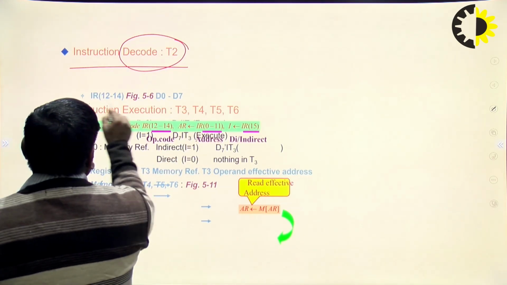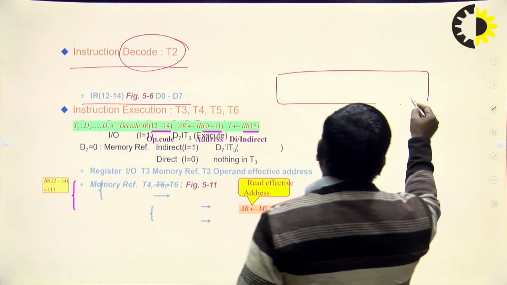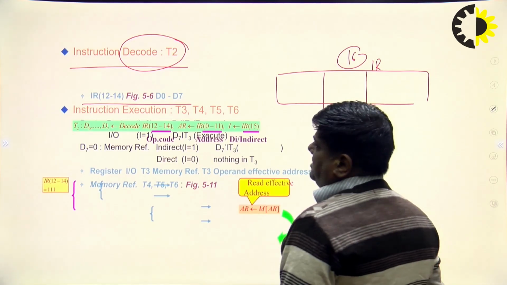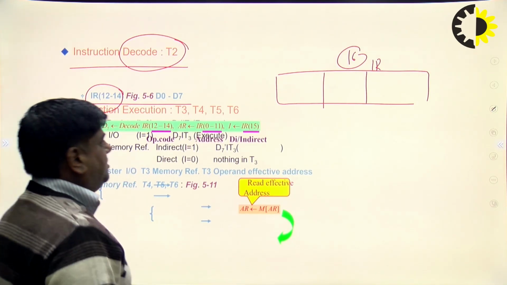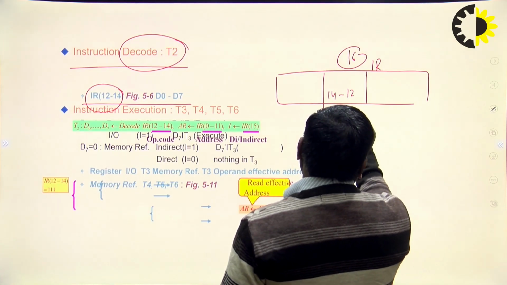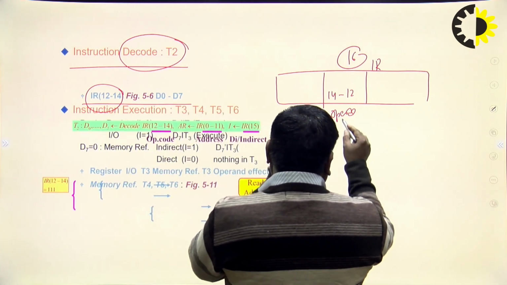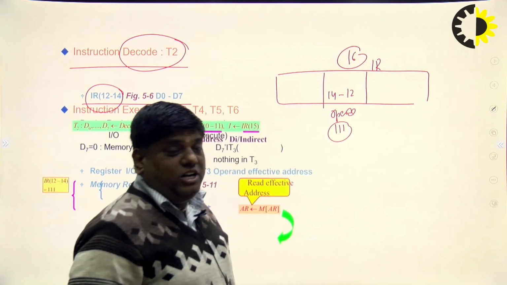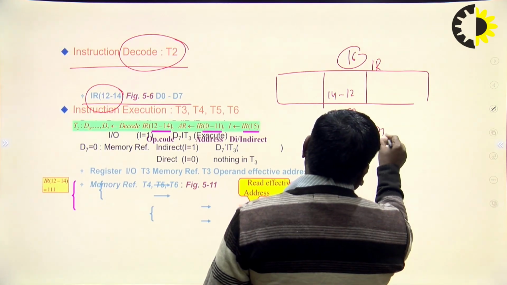Now the size of the IR register is 16 bit, and these 16 bits are classified into three parts. Bits 12 to 14 are known as the opcode of the instruction, and it is 3 bits, which means it generates a total of 8 possible values, known as D0 to D7.